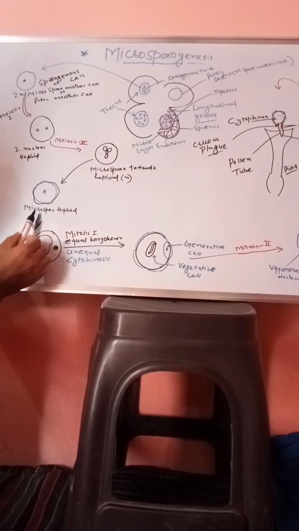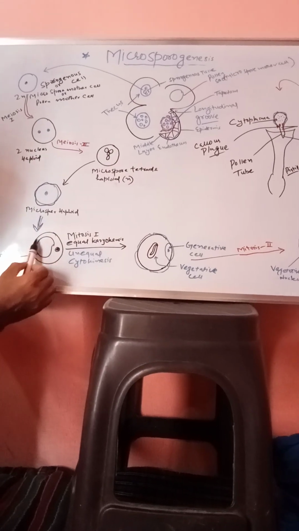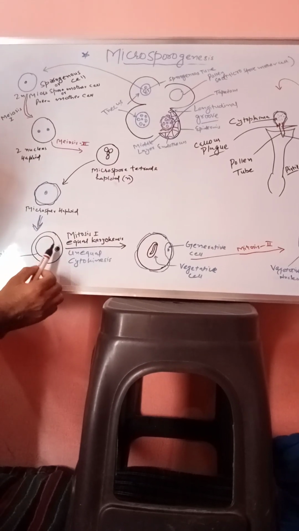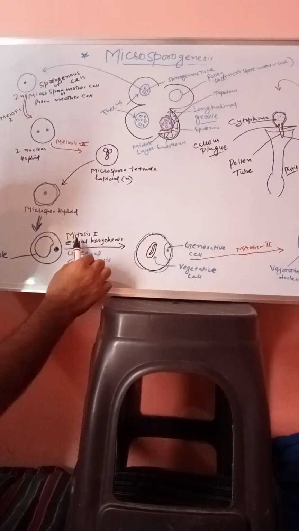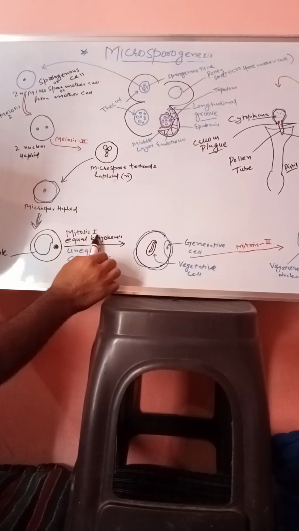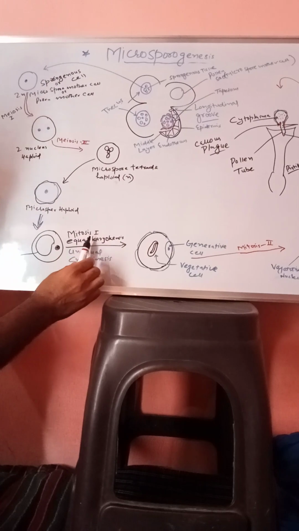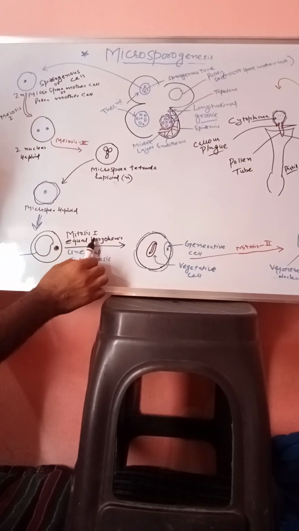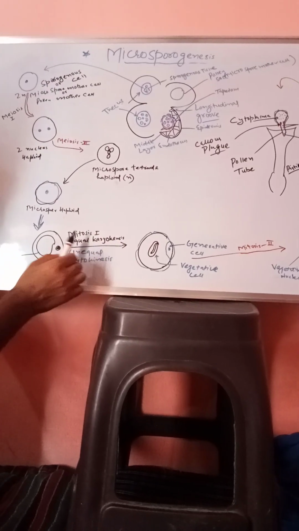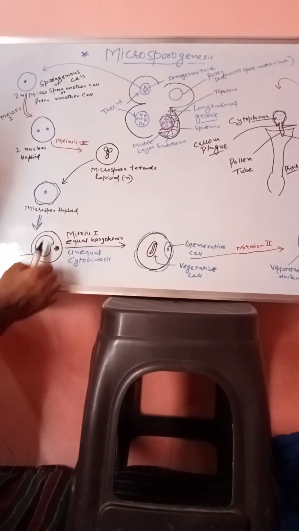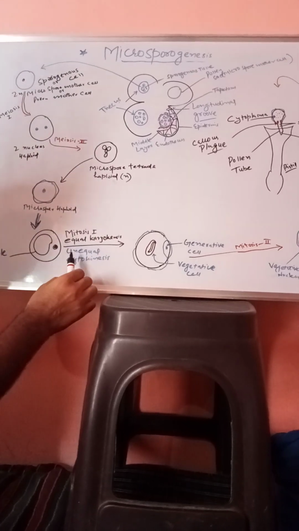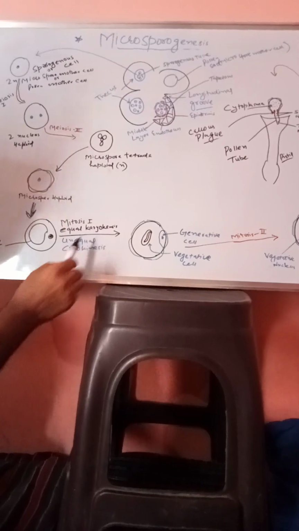Further, a large vacuole is present, and the nucleus lies on one side. This undergoes mitosis first. Here mitosis involves unequal cytokinesis and equal karyokinesis.